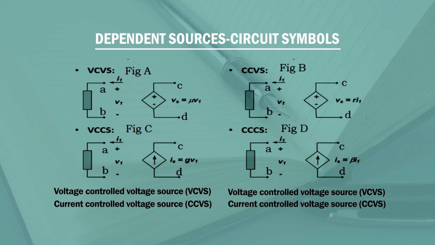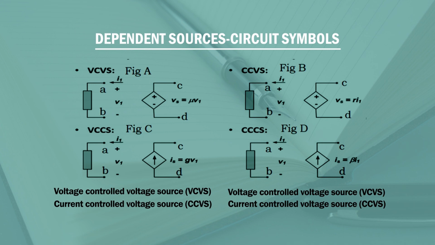That means the value of this voltage Vs across terminal CD depends on the voltage in another branch, that is V1, which is connected between terminal A and B. Similarly, in figure B you can notice that this Vs is written as R I1. That means this is called a current controlled voltage source. So the value of this voltage source between terminal CD depends on the current flowing through branch AB in another branch.